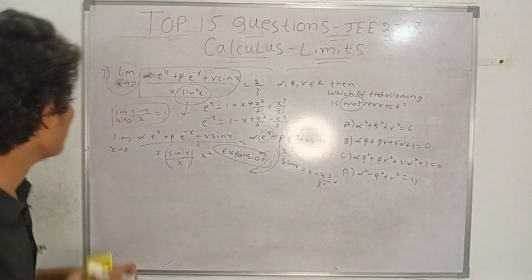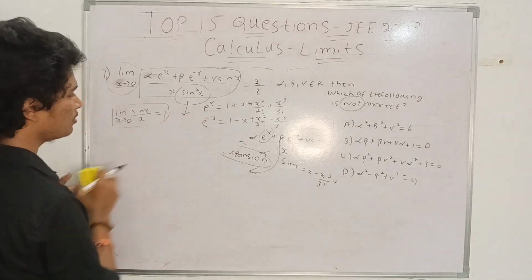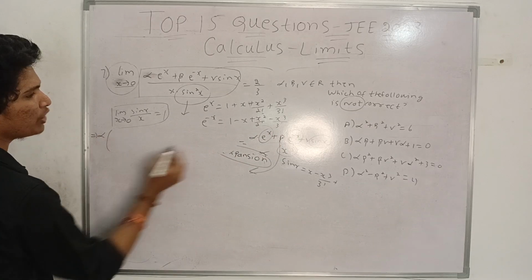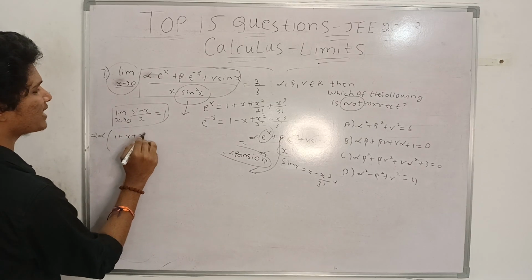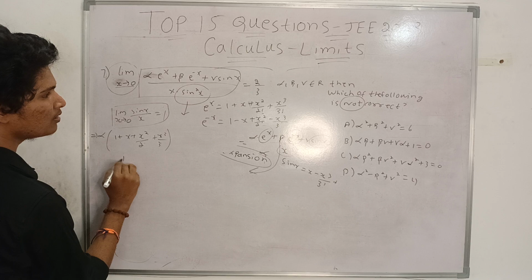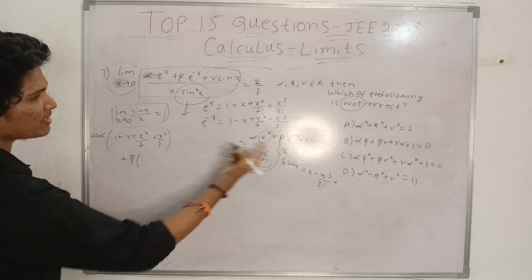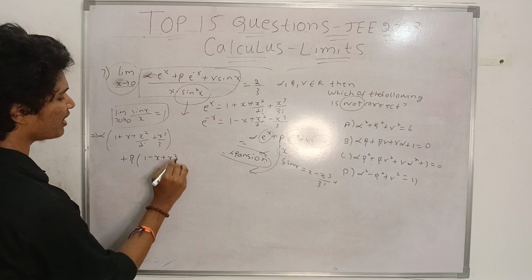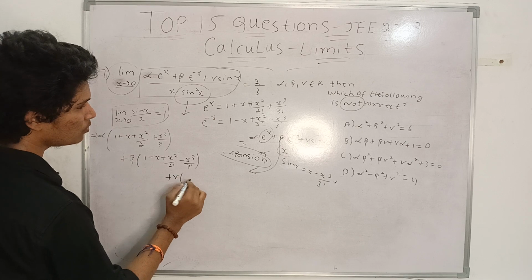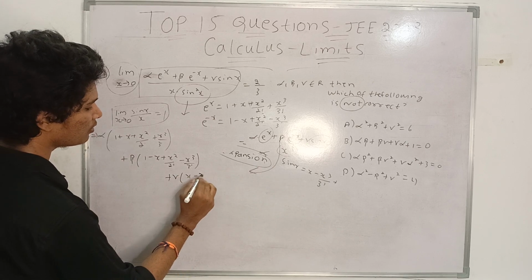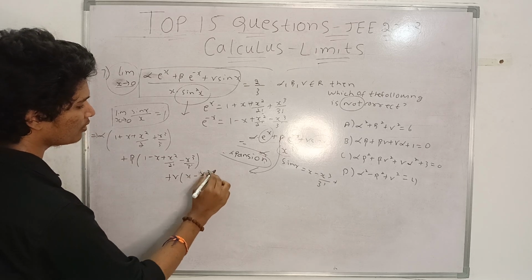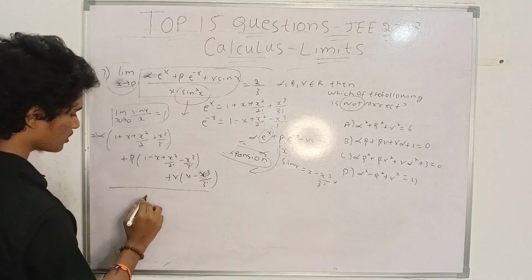So I am rubbing this to save space. Applying the expansions, it becomes alpha into (1 plus x plus x square divided by 2 factorial plus x cube divided by 3 factorial), plus beta into (1 minus x plus x square divided by 2 factorial minus x cube divided by 3 factorial), plus gamma into (x minus x cube divided by 3 factorial), all divided by x cube.